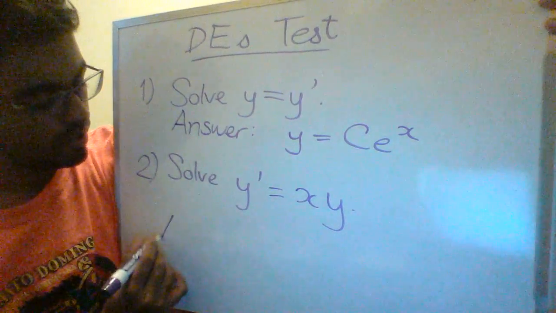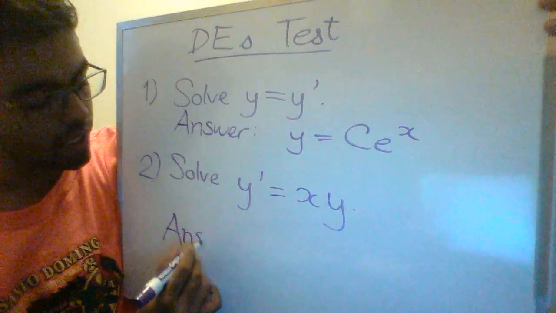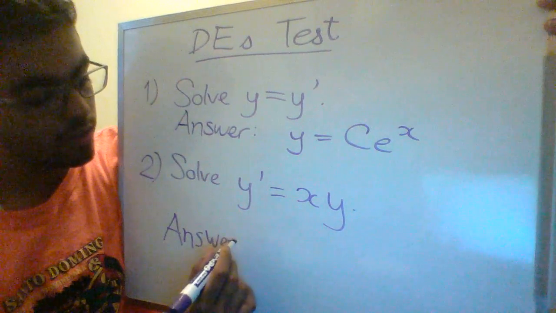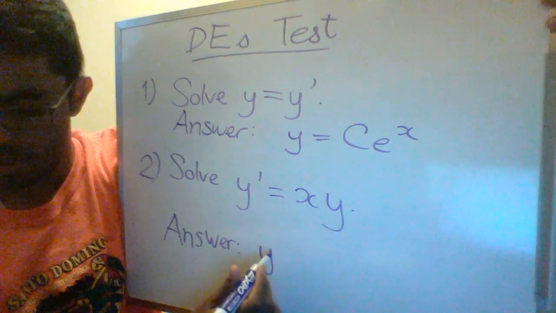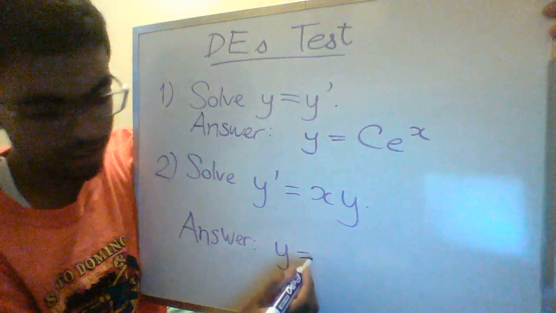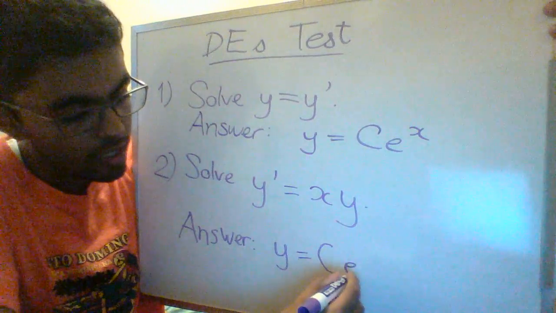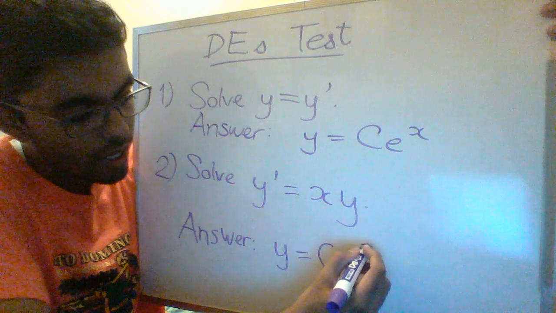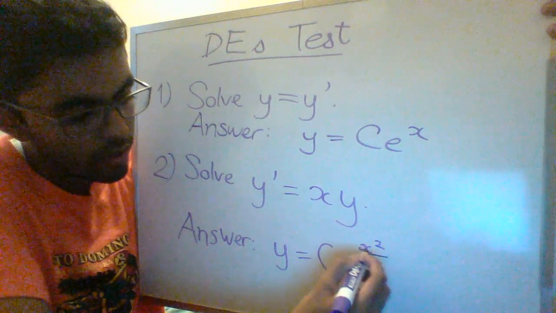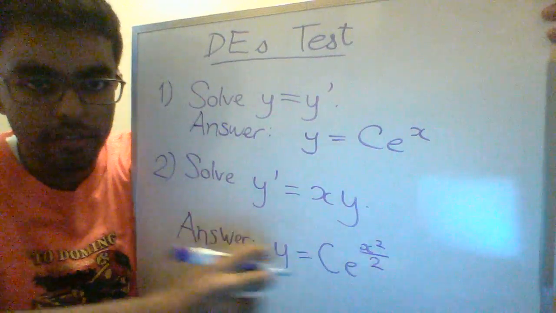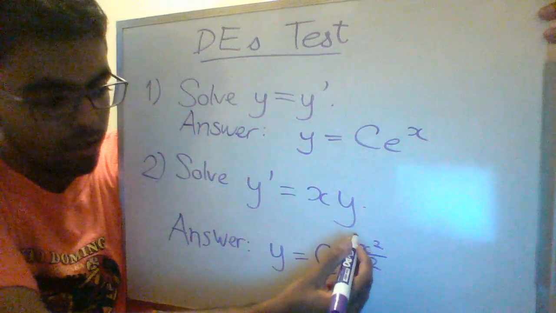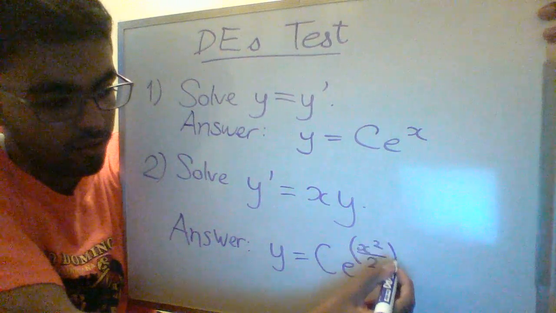And for this one, your answer is a little bit more complicated, but your answer should be y is equal to c e to the x squared over 2. That's all in the exponent, this is all in the exponent right here.